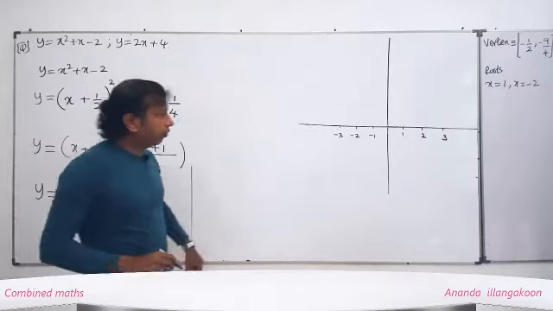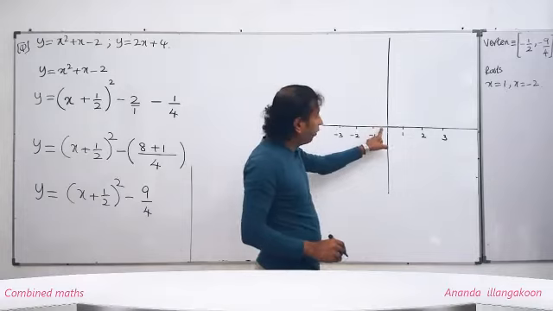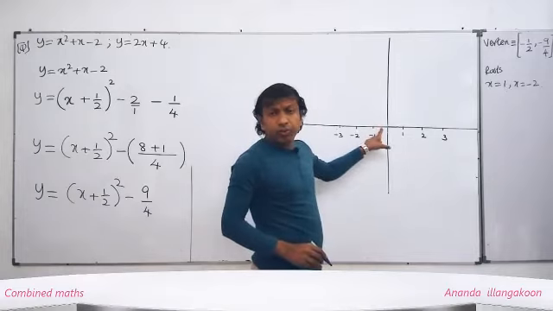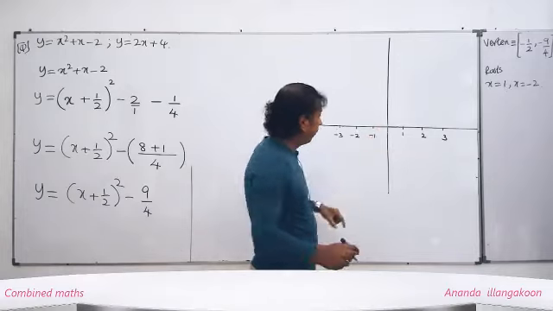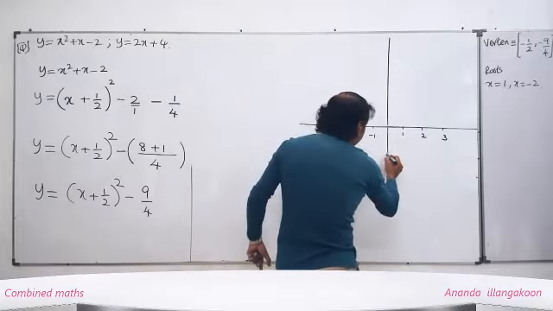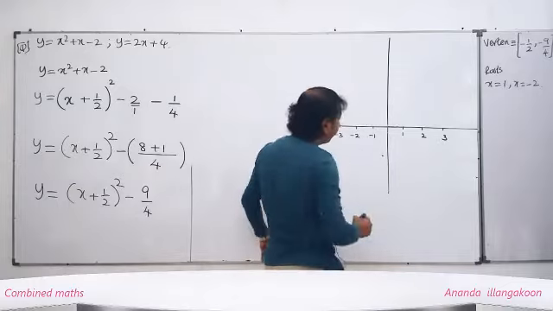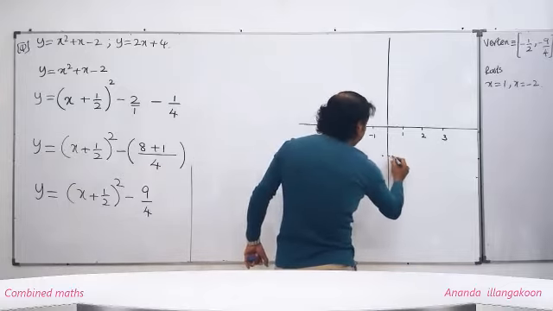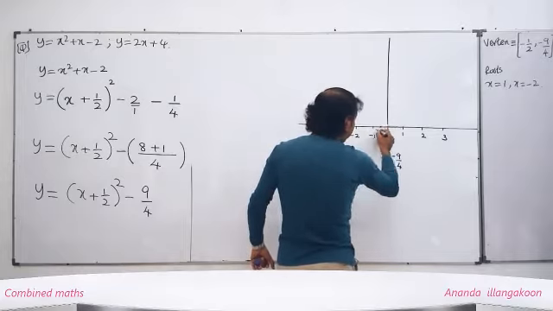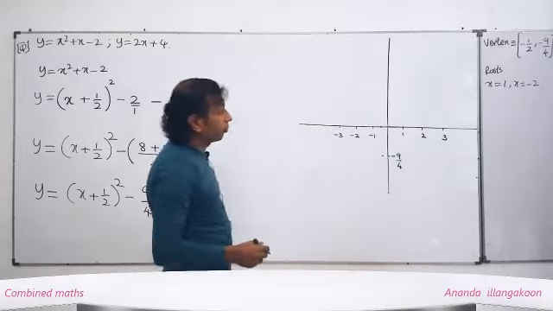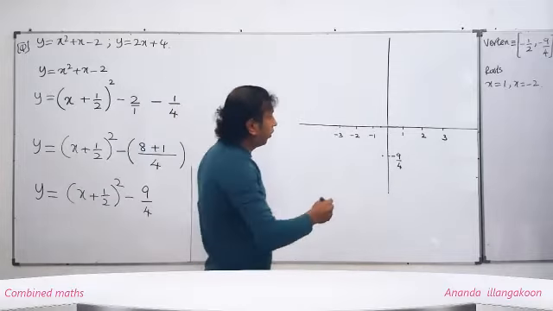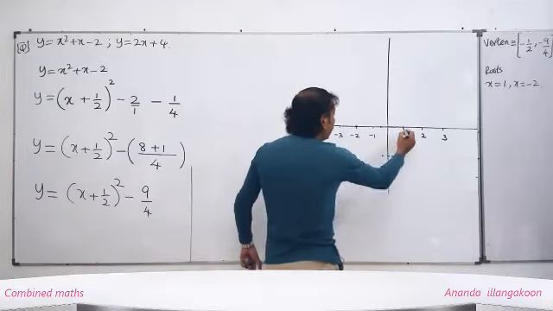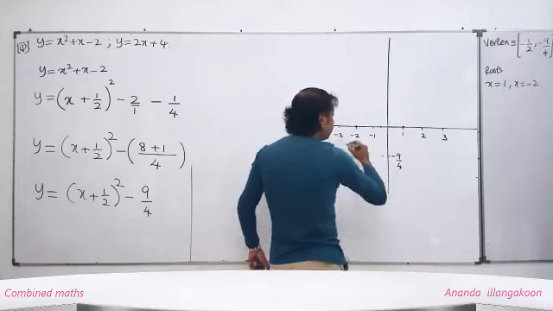Minus half is between 0 and minus 1. Minus 9 by 4 means, people, minus 2.25. Minus 2.25 is somewhere here. Right here. Minus 9 by 4 is this. This is minus half. Roots minus 2 and 1, and these are the roots.